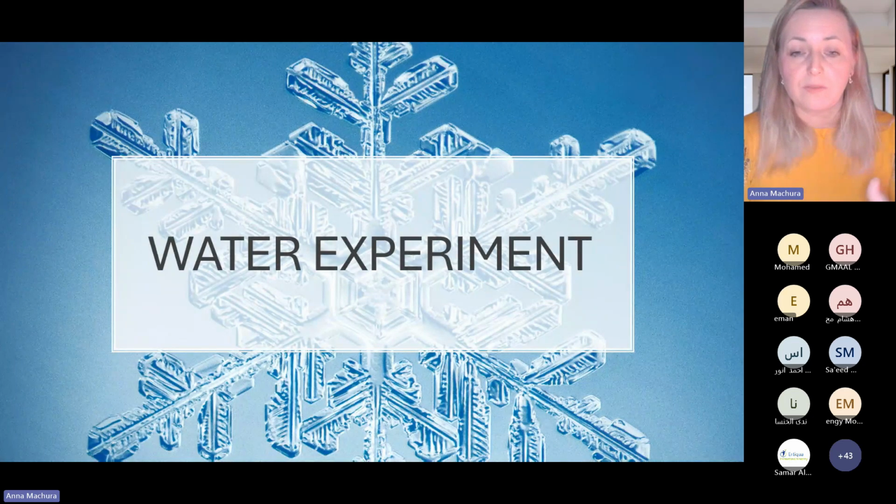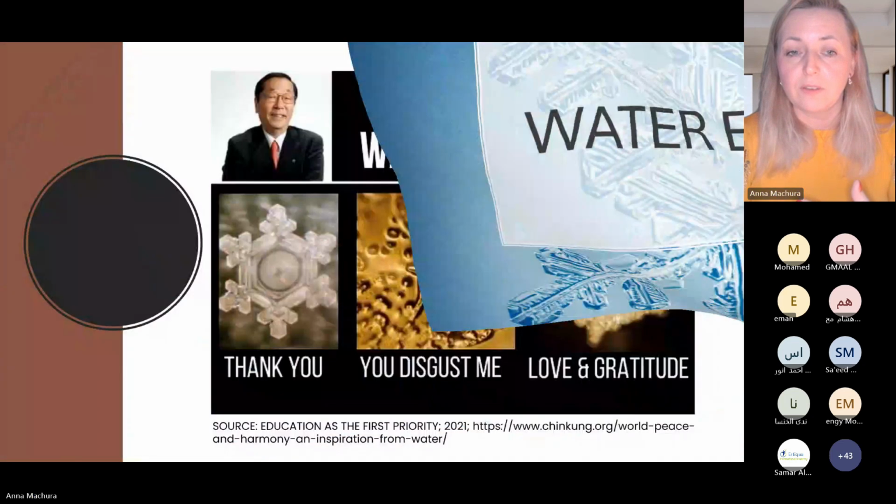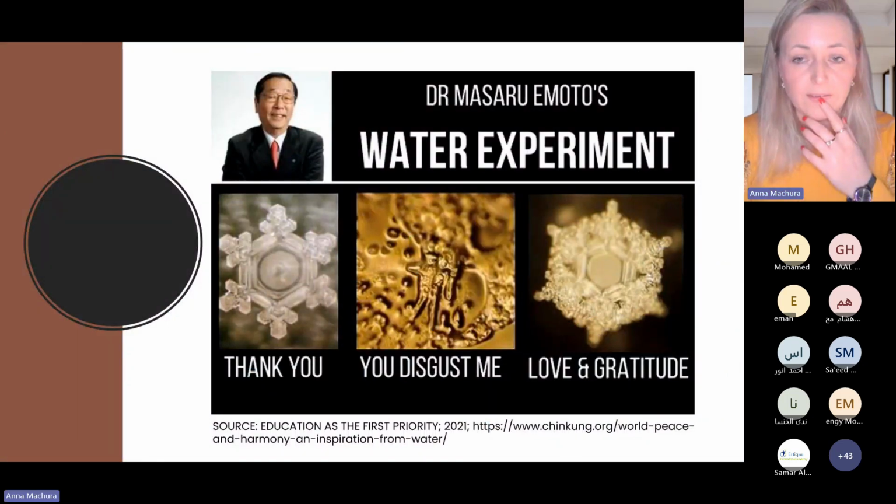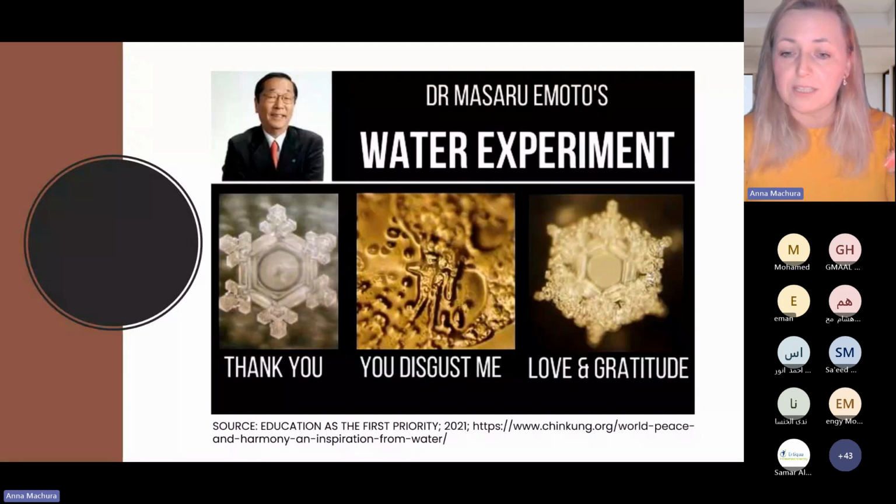Maybe you've heard about the water experiment by a Japanese scientist. Have you, or shall I explain very, very briefly? You can see different shapes, like the particles of water.